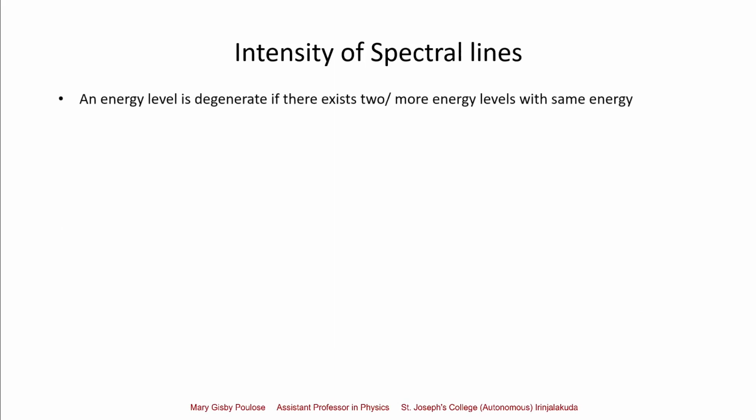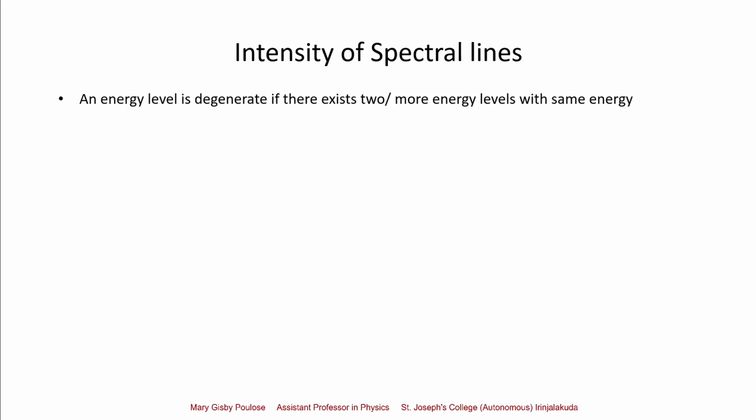Now, the second factor that contributes to the intensity of the spectral line is the degeneracy of each energy level. An energy level is said to be degenerate if there exist two or more energy levels with the same energy. That is, the molecule may rotate in two different manners, but both of those rotations may have the same energy.